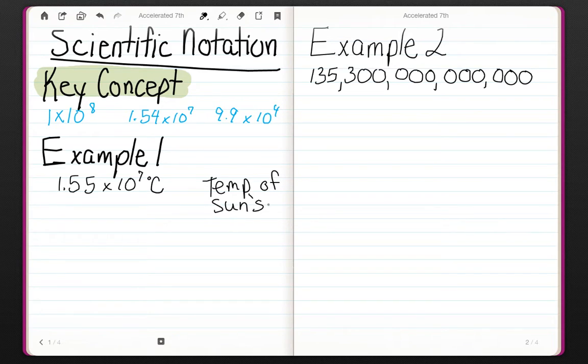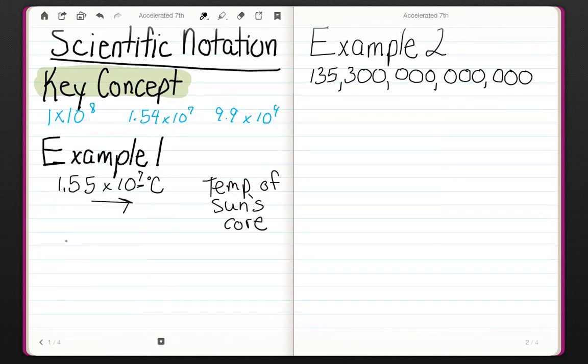Now, if I wanted to rewrite this number, 1.55 times 10 to the 7th degrees Celsius, as a number, I'm going to move the decimal to the right 7 times. Because if my exponent is 7, it's like multiplying 10 7 times.